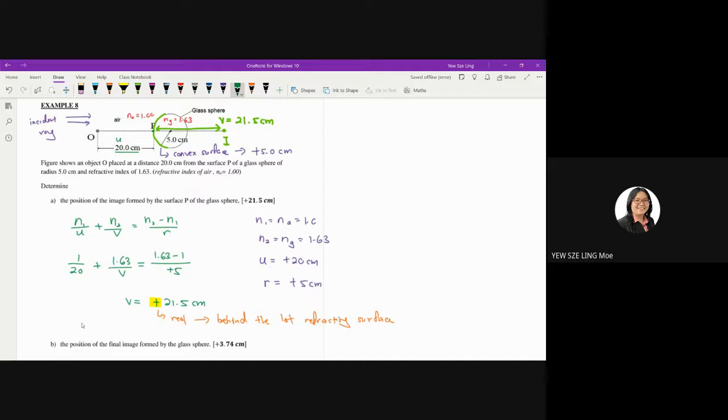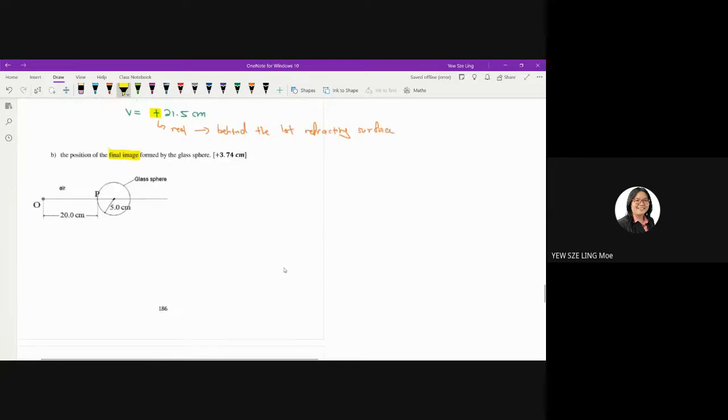Now, how am I going to answer question B? Question B asks you to find the position of the final image. Final image means your object undergoes refraction twice, once by the front surface and once by the back surface, the second surface. So let us look at this diagram.